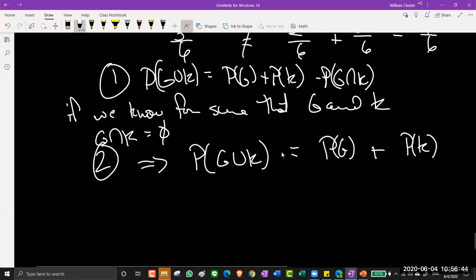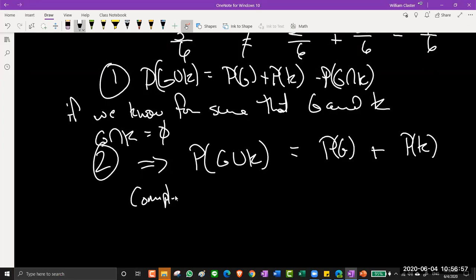So that's one rule. There's another rule. We have to talk about the complement of an event. Let's take G, for example.